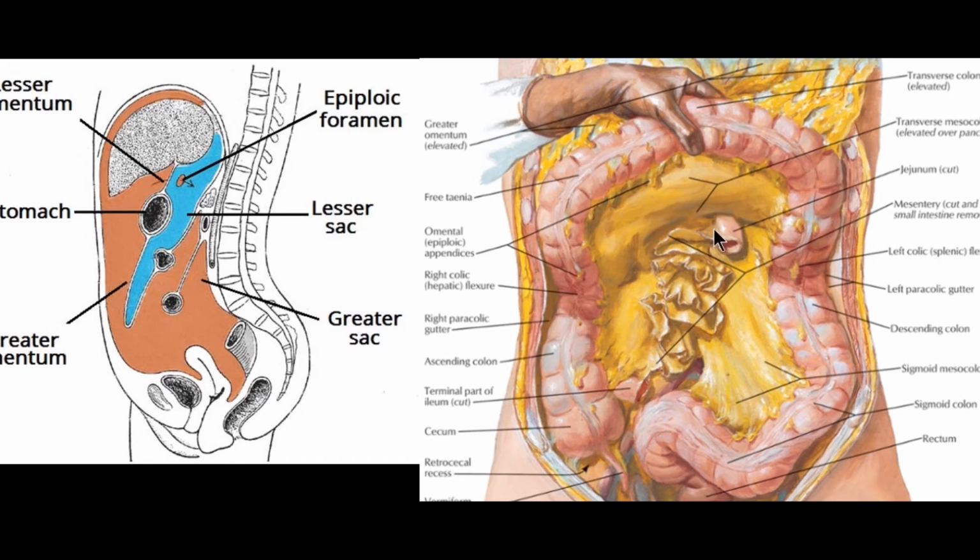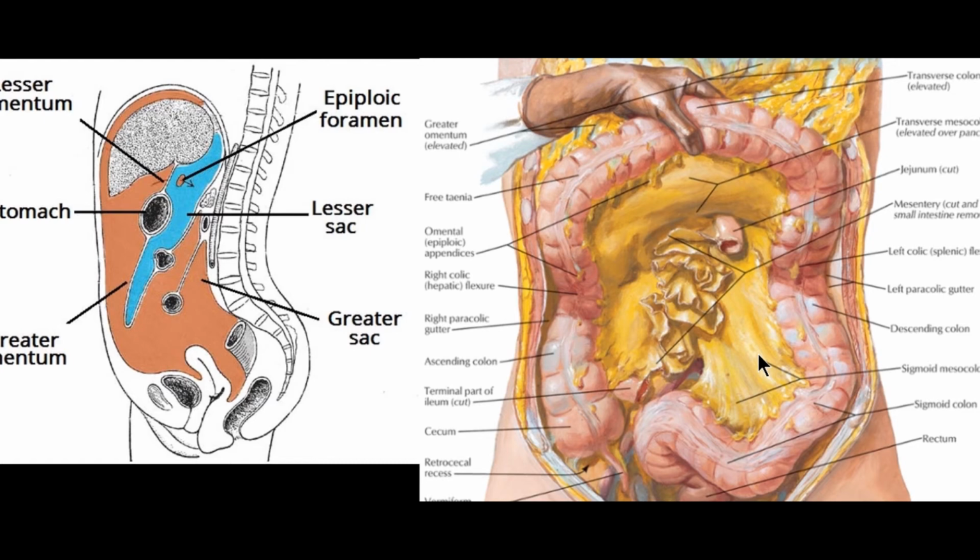The small bowel cannot be seen because it has been cut. The sigmoid mesocolon is also visible. You can see a double fold of visceral peritoneum extending from the posterior body wall, this time enveloping the sigmoid colon, this being the sigmoid mesocolon.